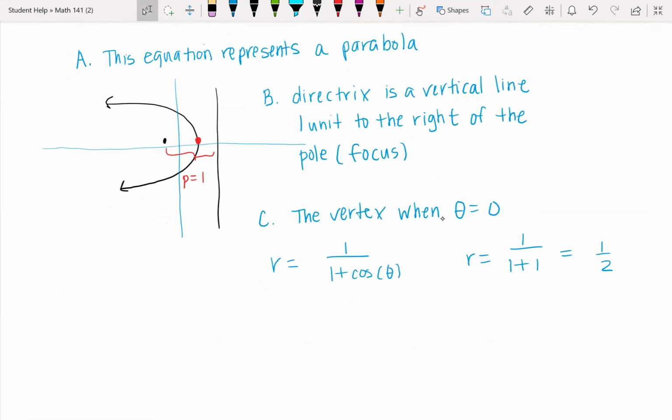So that means that the vertex is at 1/2, comma 0. And in this case, 0 represents an angle, and 1/2 is how far it is on the angle 0. So that means that this distance right here is 1/2, right?